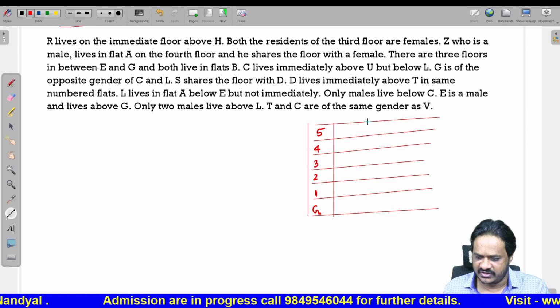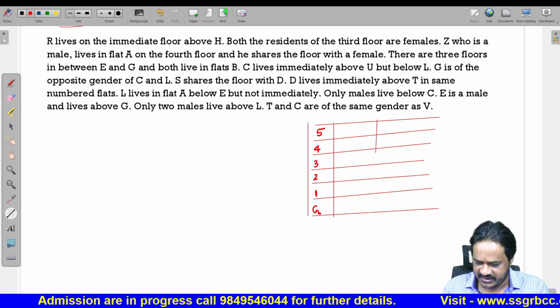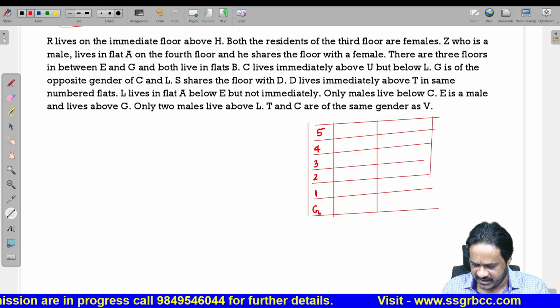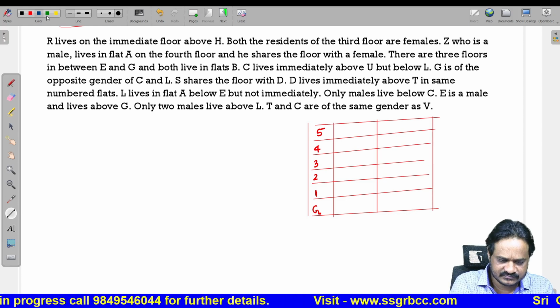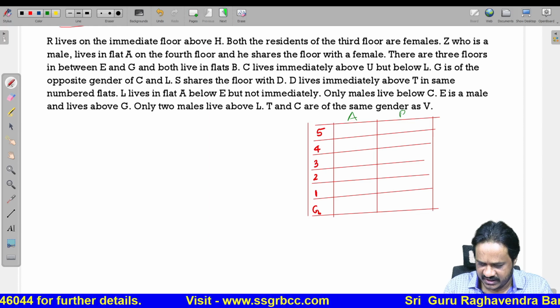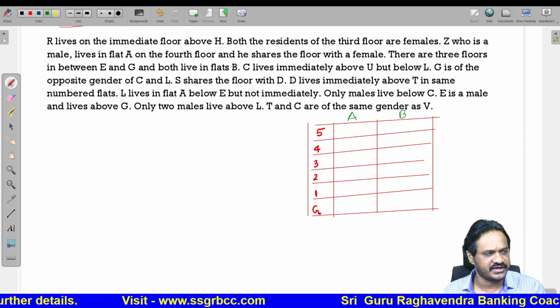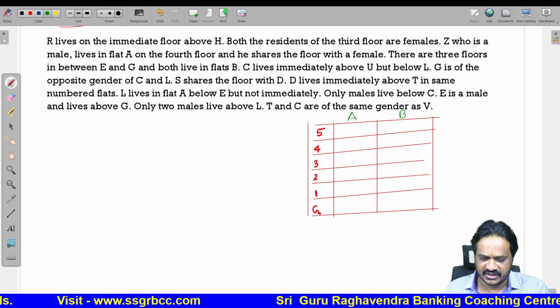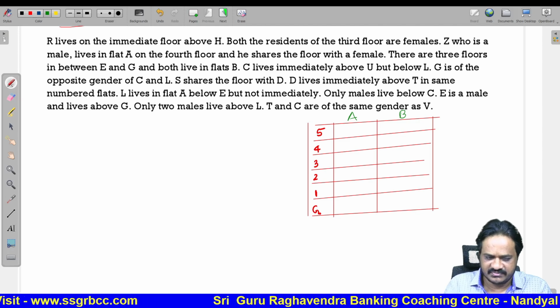Here we have 2 flats, flat A and flat B. Then let us start the puzzle.